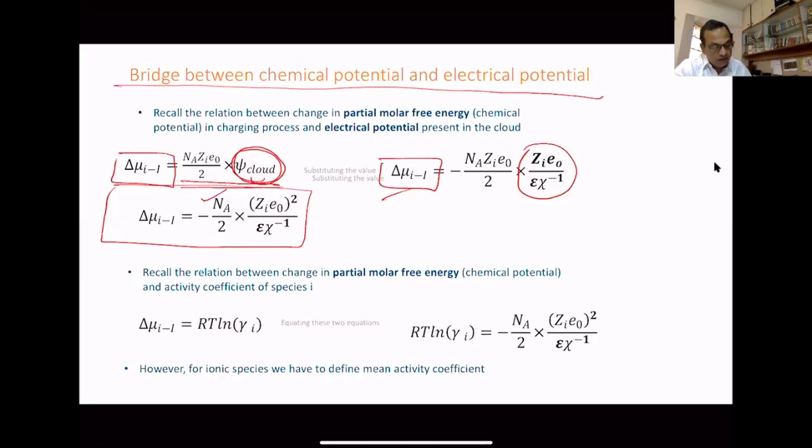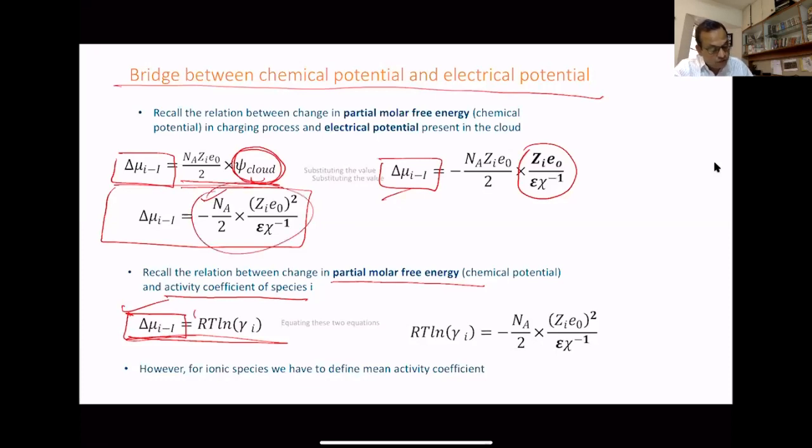Again you recall the relationship between partial molar free energy and activity coefficient. Already we have derived this part also in the very first lecture in the ideal solution case. So now I have delta mu_i minus i is equal to this and also equal to this.